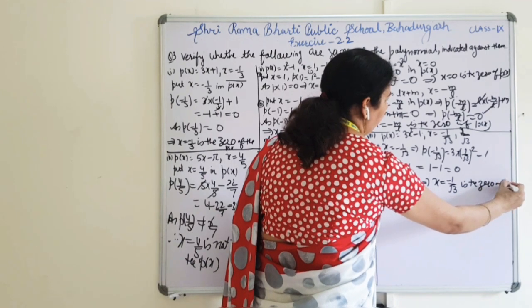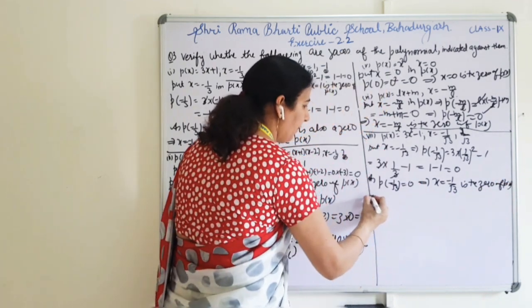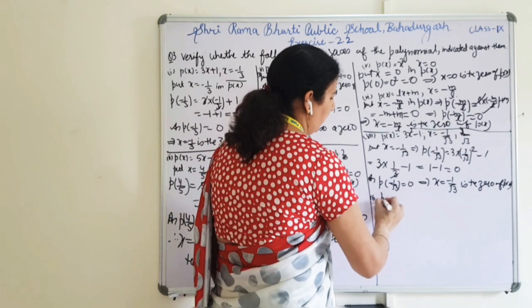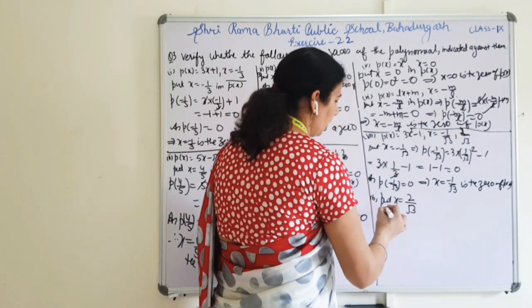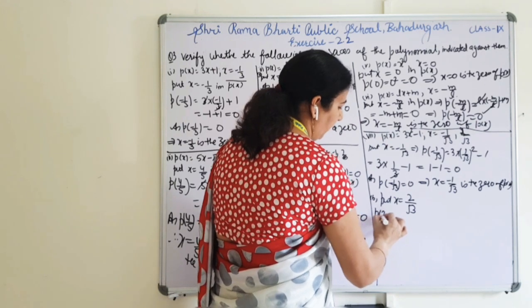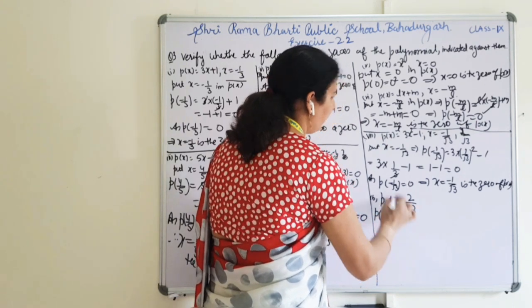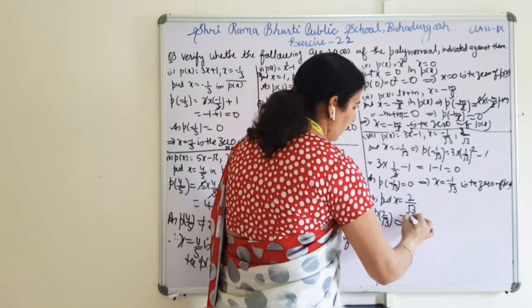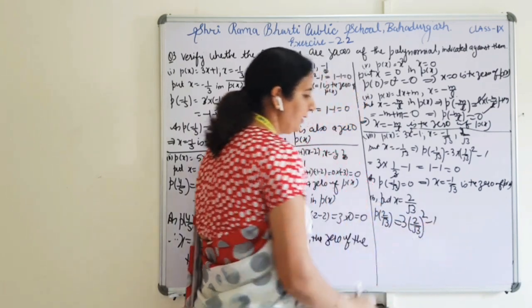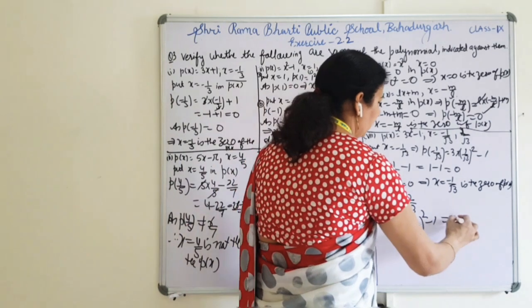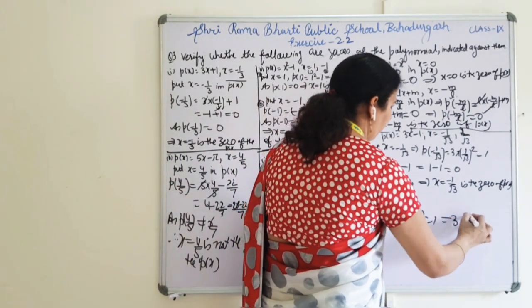0 of p(x). And the b part of the same question is put x is equal to 2 upon under root 3. So p(2/√3) will be 3 (2/√3) whole square minus 1. So 3 into 2 square is 4.